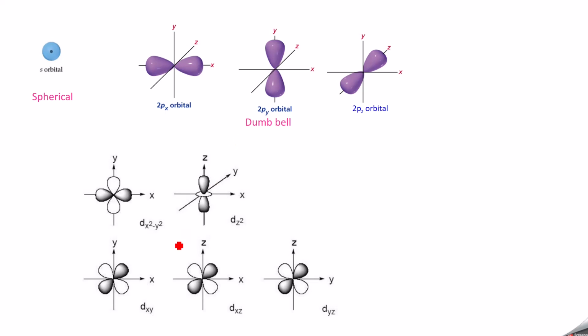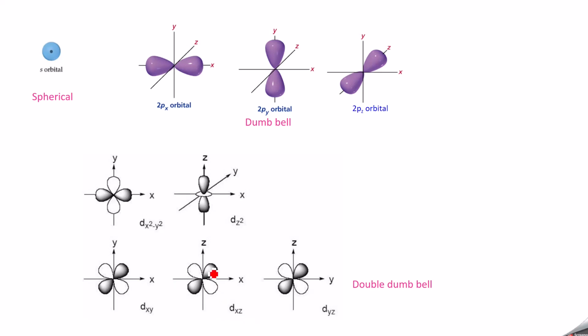Now when you go for d orbitals, we have 5 d orbitals and they have a double dumbbell shape. This dumbbell shape will be in the plane between x and y, or y and z, or x and z, or along the x and y direction, or along the z direction. Based on that they are named dxy, which means the dumbbell shape is in the plane between x and y.